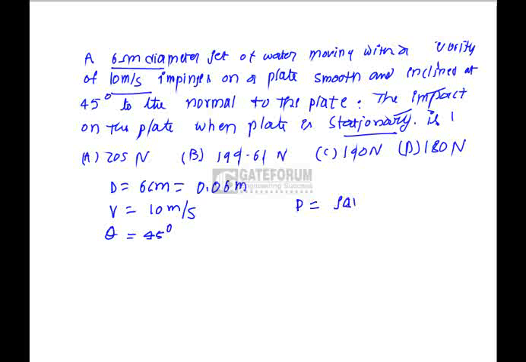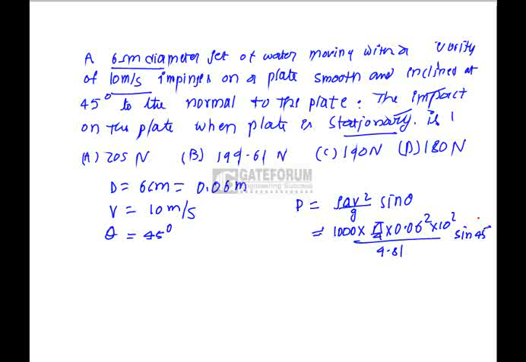The impact P is rho A V squared by g sine theta, where rho is 1000 kg per cubic meter, A is pi by 4 into 0.06 squared, V squared is 10 squared, divided by 9.81 acceleration due to gravity, sine 45.